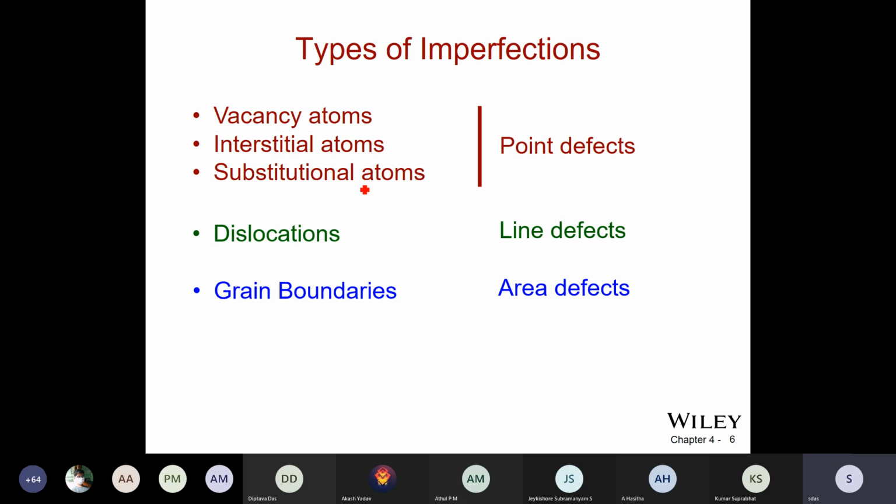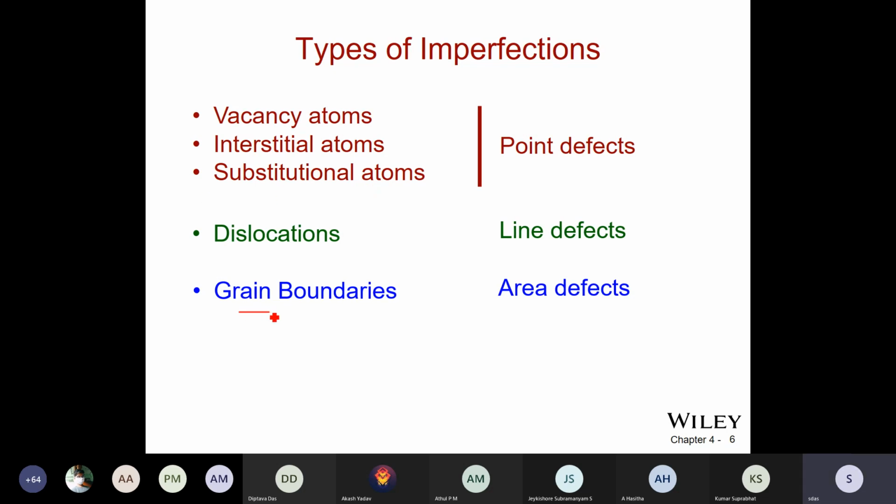Whereas dislocations are called line defects. They propagate in a crystal like a line. Hence they are called line defects. And certain defects exist on surfaces, like the grain boundary.